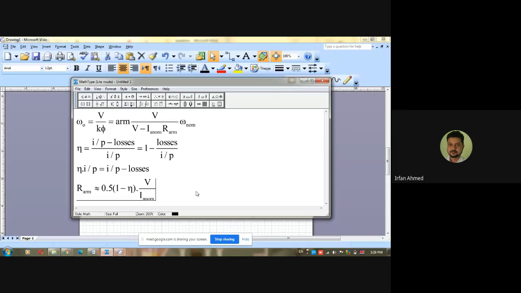R_A is approximately equal to 0.5 into (1 minus the nominal efficiency, the efficiency under rated conditions) multiplied by V into I_A nominal. Is this clear, everyone?